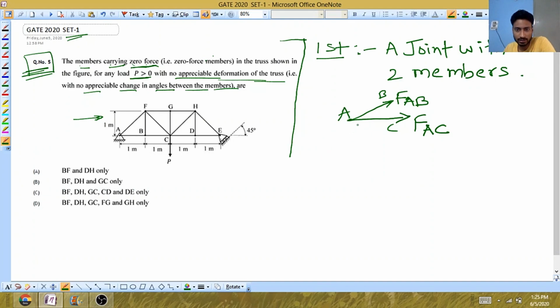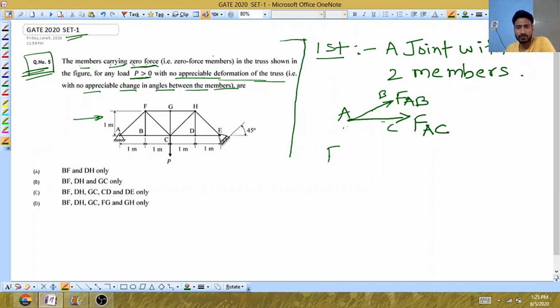It says if a joint is free from any support or any external load, like a force applied from outside, or a support, maybe a roller support or hinge support, and the joint is carrying two members, then the force in both the members will be zero.